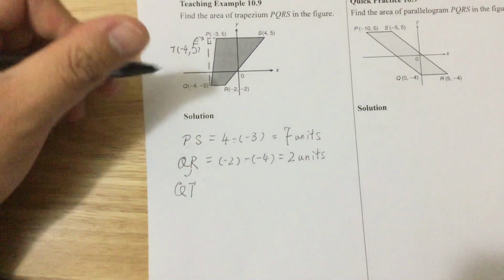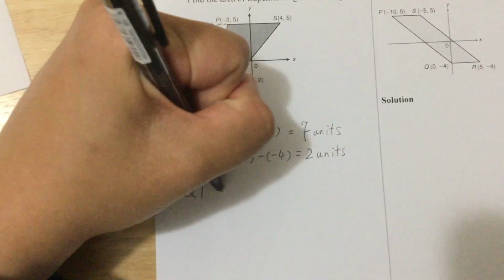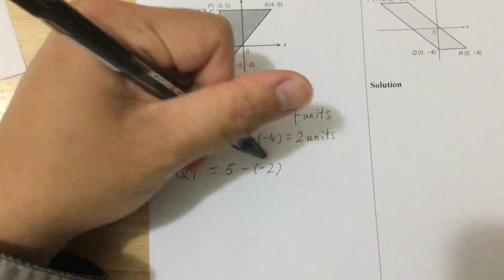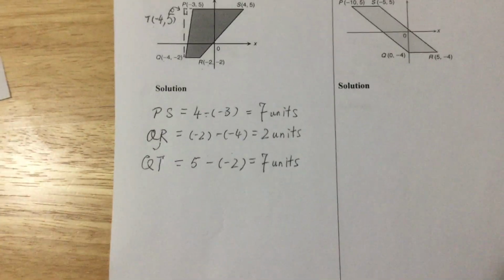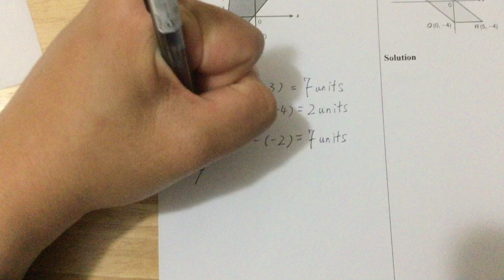So for QT, we have -4, the same, and we have 5 and -2. So obviously, 5 minus -2. Negative and negative, positive. You get 7 units once again. Oh, I think that you got a decimal number for the answer. Okay, now we'll look at this. The area.